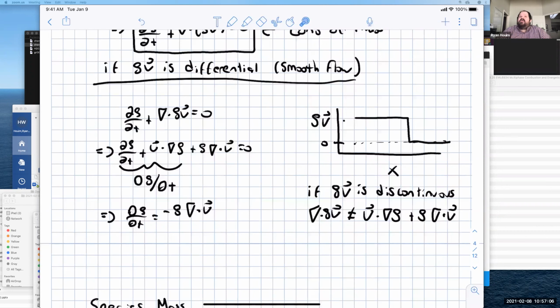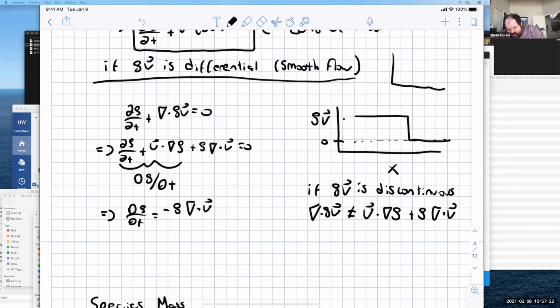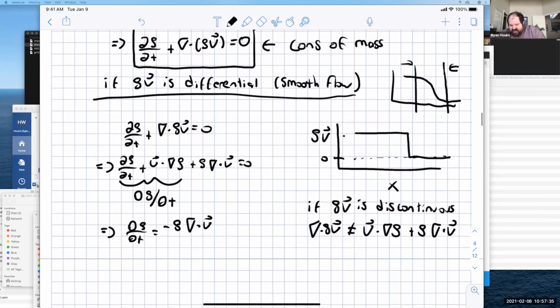But there are people who have actually done DNS simulations of the viscous structure across a shock wave. But they're just so thin that for any practical calculation... so if you plot rho v for this moving shock wave in free space, it would look something like this. But this distance here would be on the order of, I don't know, at most 10 nanometers.